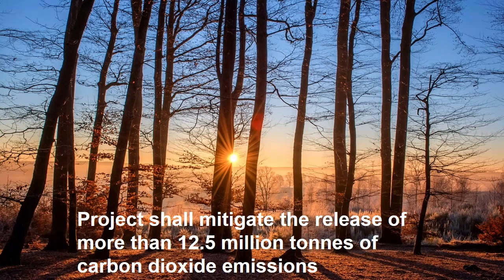The Envira Amazonia project shall mitigate the release of more than 12.5 million tons of carbon dioxide emissions, while also preserving the habitat for an extraordinary amount of biodiversity, as well as directly benefiting local communities.